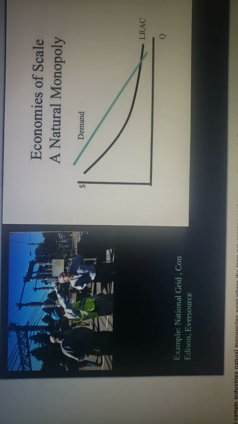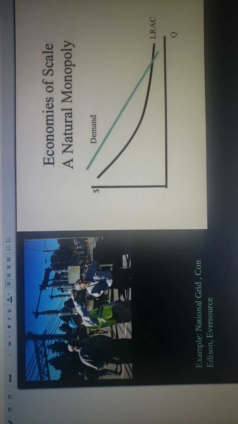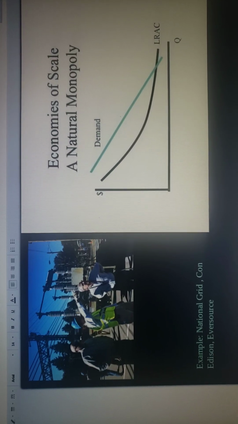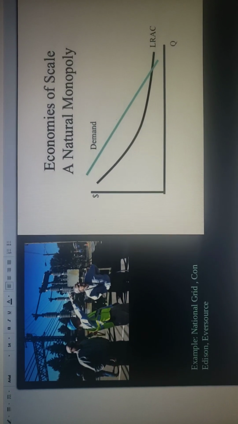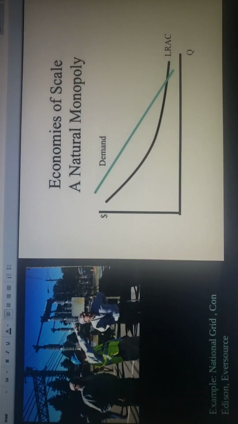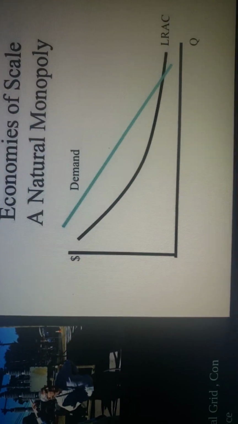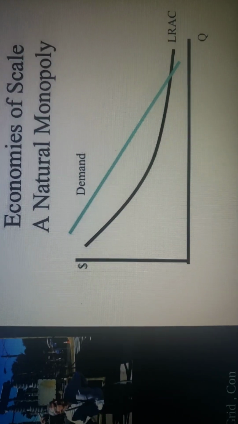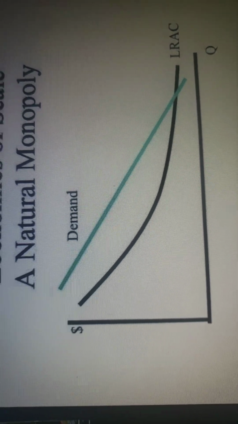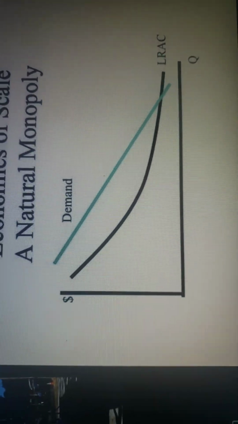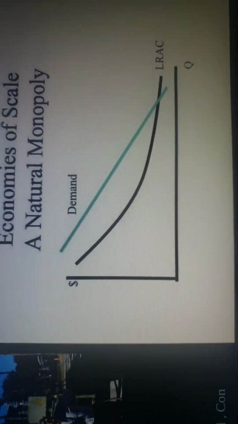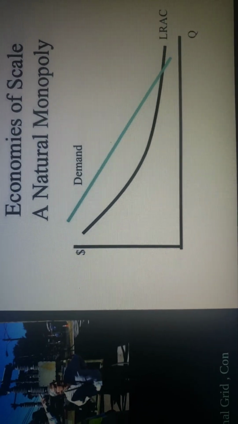In certain industries, natural monopolies exist where the long-run average cost curve continues to decline. Here we have it, LRAC. We have the demand, we have the Q for quantity, and the price.